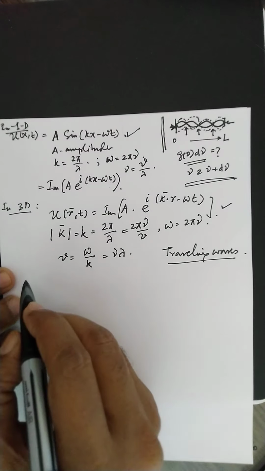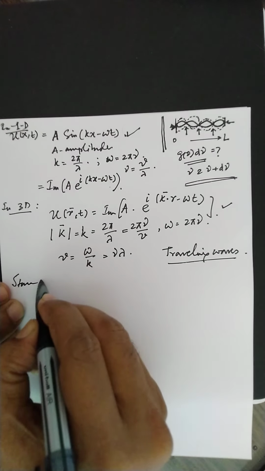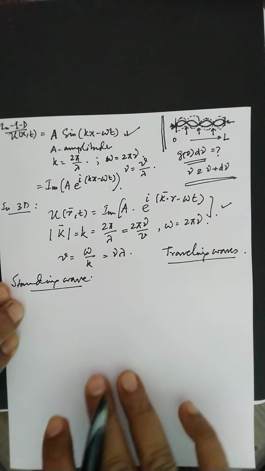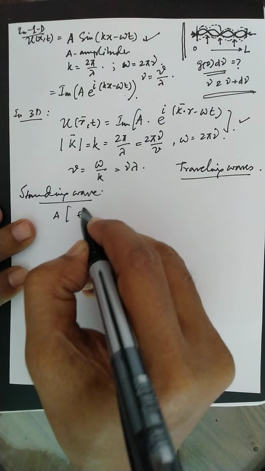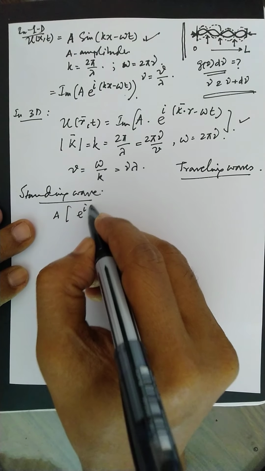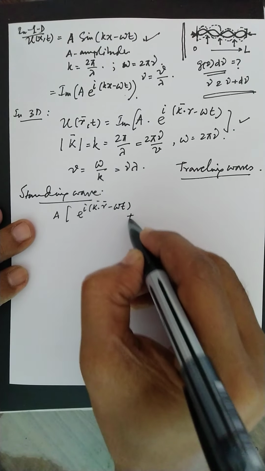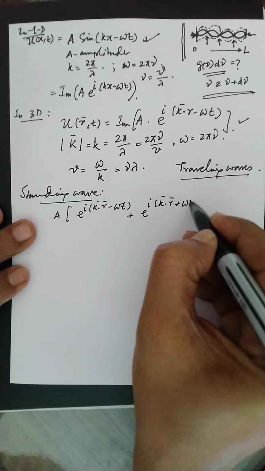If we superimpose them, then the standing wave is typically represented as a e to the power i(k dot r minus omega t) plus e to the power i(k dot r plus omega t).